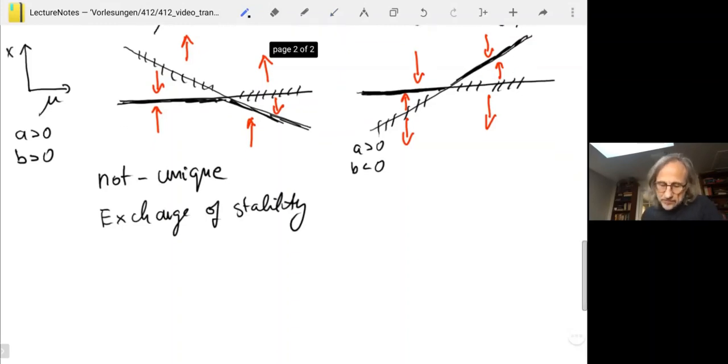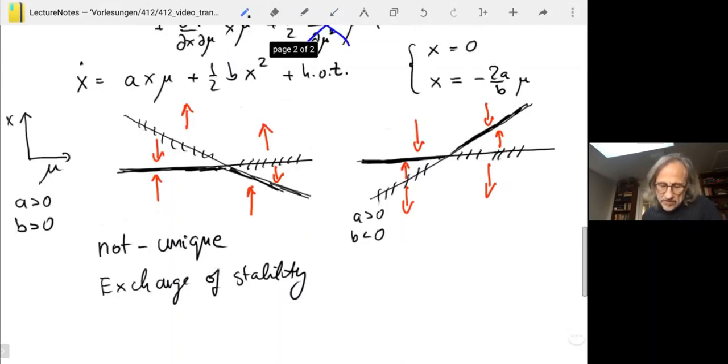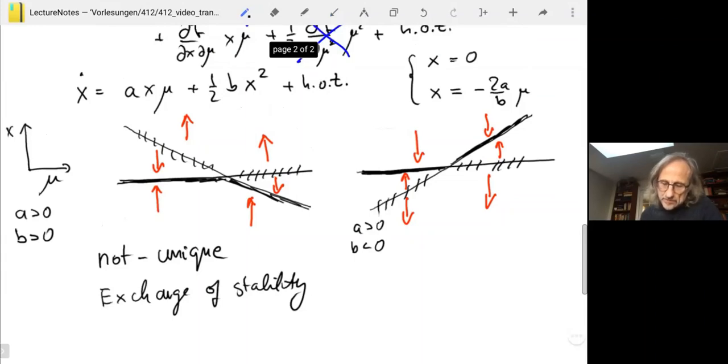There's also another feature I want to mention here, which is the following. You see here, this branch, x equals 0, is linearly stable. And so if you start in this wedge here, the solution would approach that fixed point. Good.